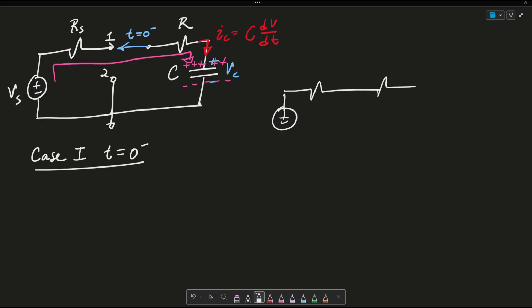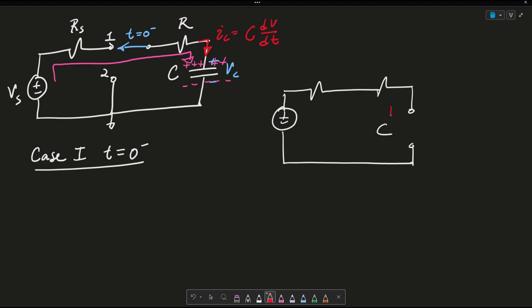After a certain amount of time, once the capacitor charges, we're going to have a circuit that looks like this. Since after the capacitor is done charging, current can no longer flow through it, it's basically an open circuit.